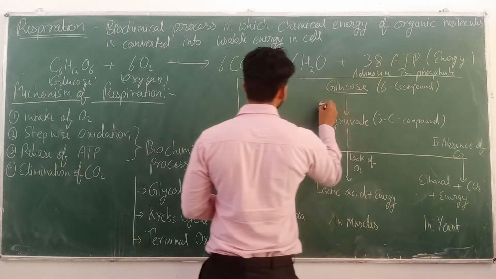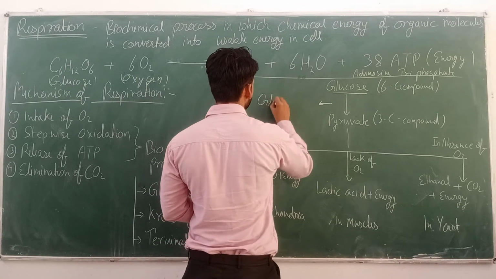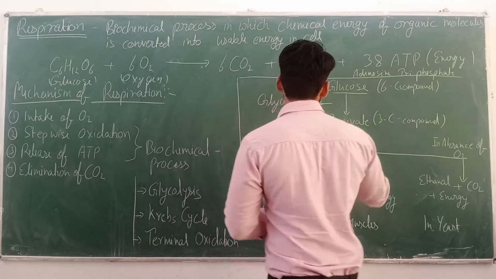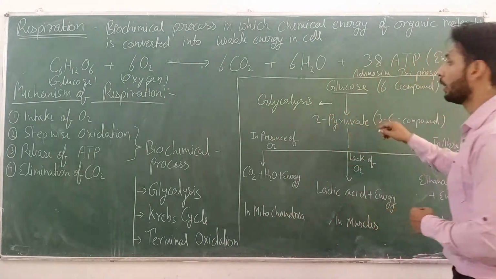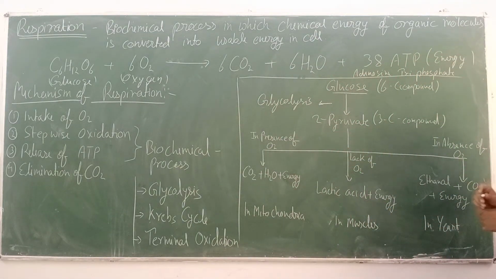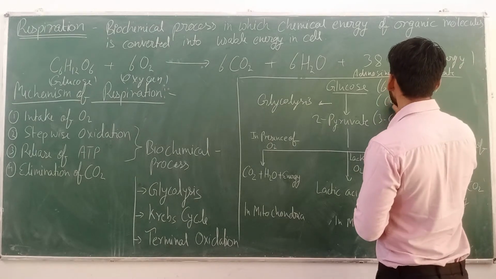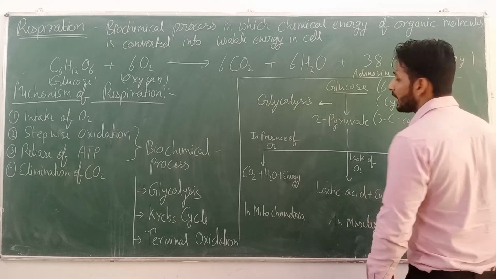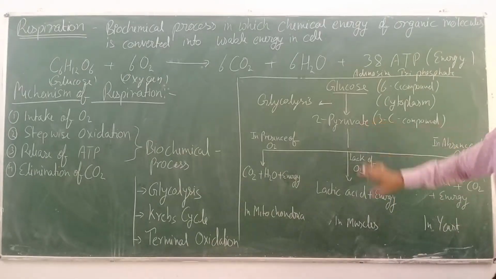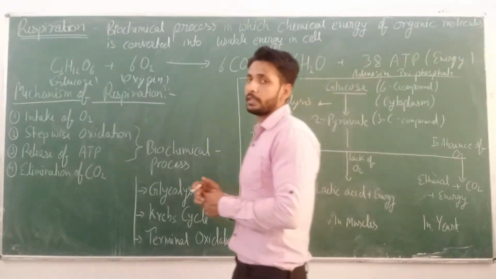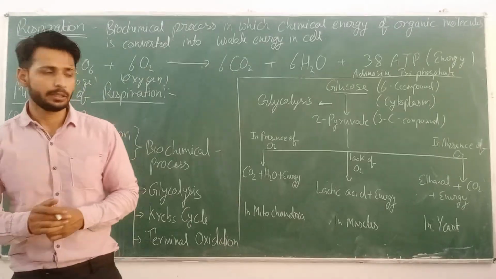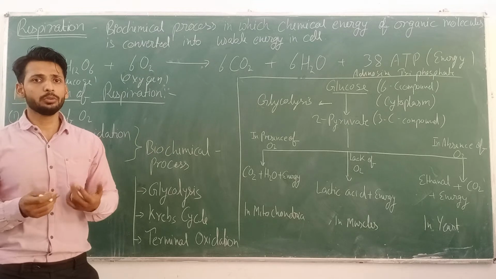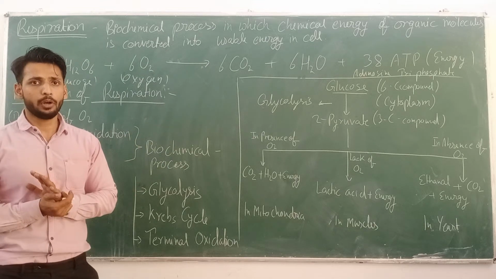This process is glycolysis. Here 2 molecules of pyruvate or pyruvic acid are formed. These are 3 carbon compounds. In this, 2 ATP are used and 4 ATP molecules are formed.